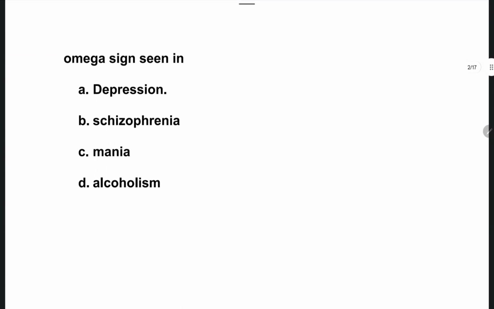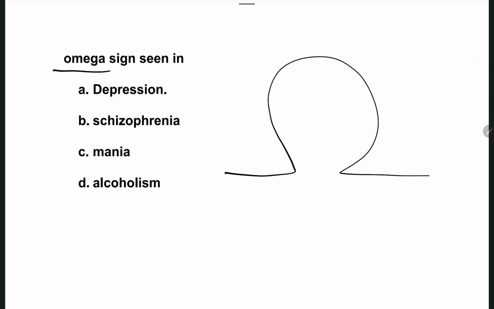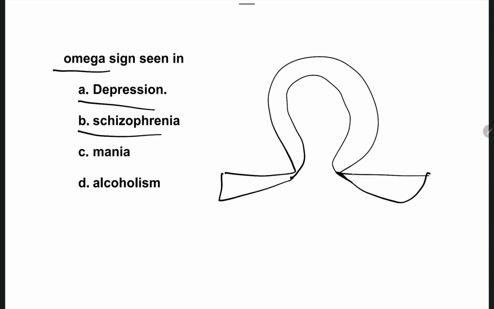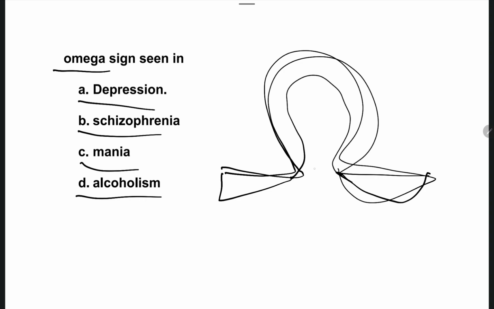The next one is omega sign. Omega sign is seen in which condition? Option A, depression. Option B, schizophrenia. Option C, mania. Option D, alcoholism. The right one is depression.